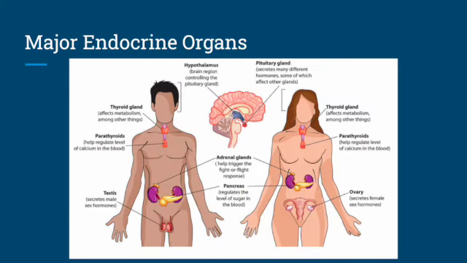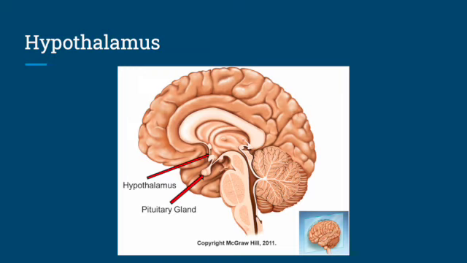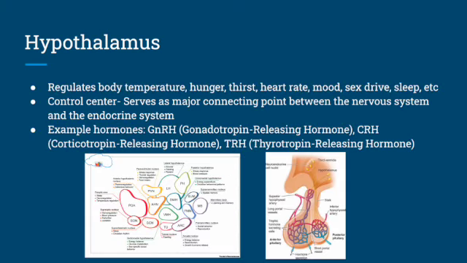So these are the major endocrine organs that are of some clinical relevance, especially to an athletic trainer, and we're going to dive into each of them as much as we can. We'll start with the hypothalamus, which you can see deep within the brain here. It is like the control center, and it is the major connecting point between the central nervous system and the endocrine system.